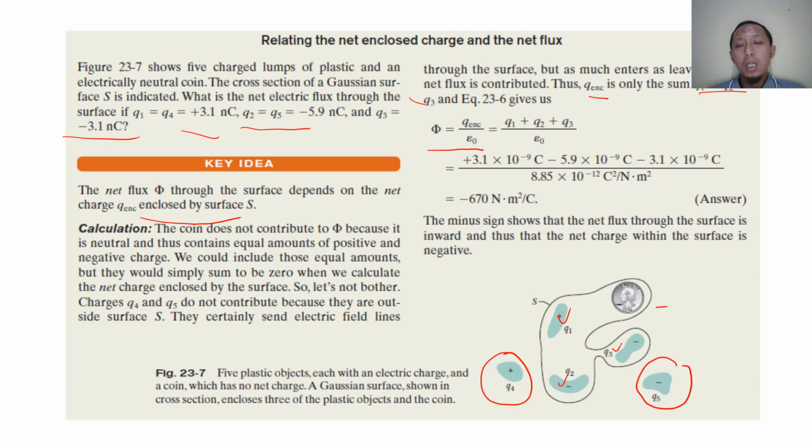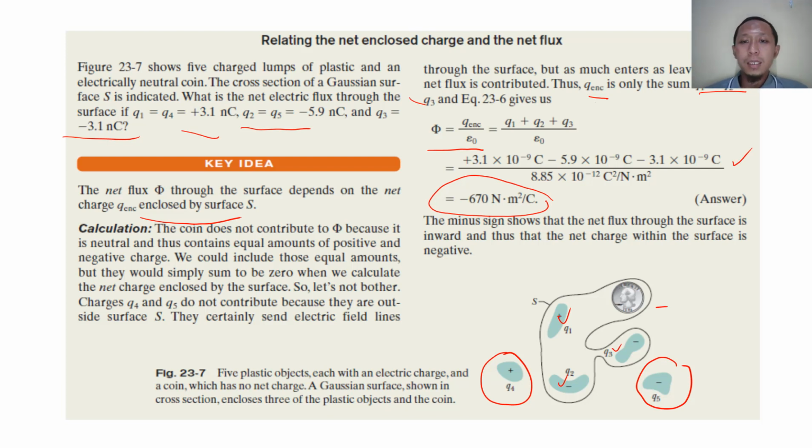Don't forget to put the positive and negative signs because this is a total charge. So Q1 is plus 3.1, Q2 is minus 5.9, and Q3 is minus 3.1. So we get this equation, and the total flux is minus 617 newton meter squared per coulomb.